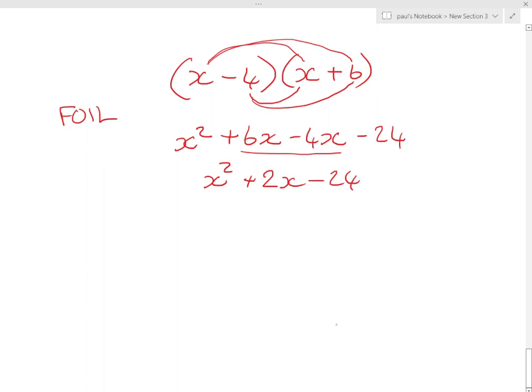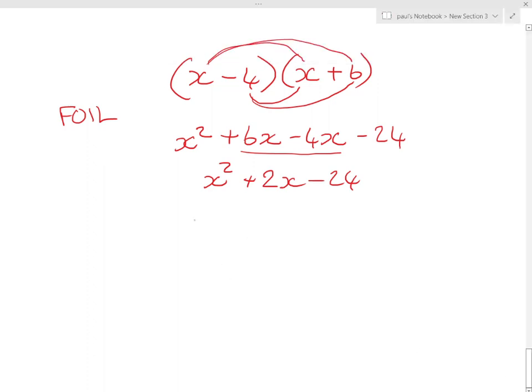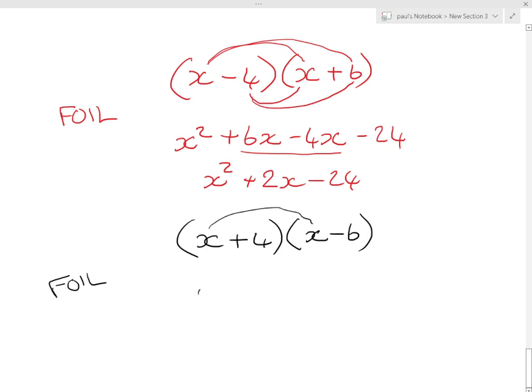Now let's put the signs the other way around and see what happens when we do this. x plus 4 and x minus 6. So FOIL again. x times x is x squared.